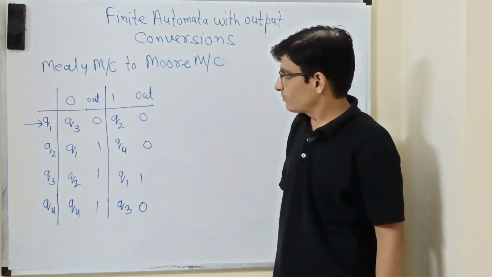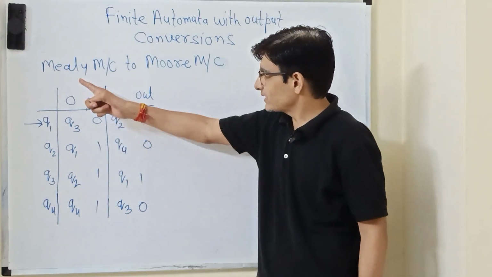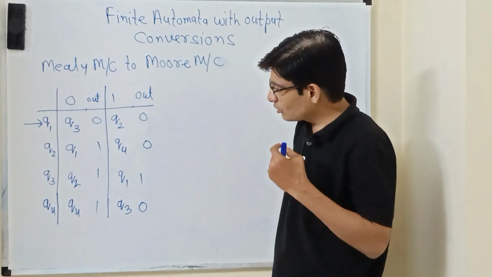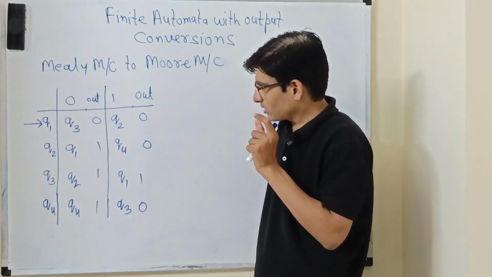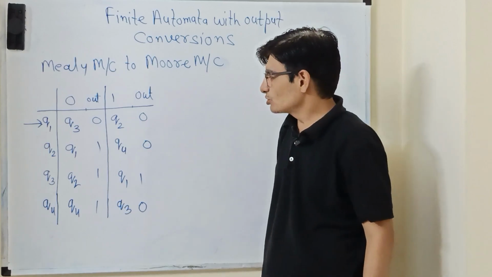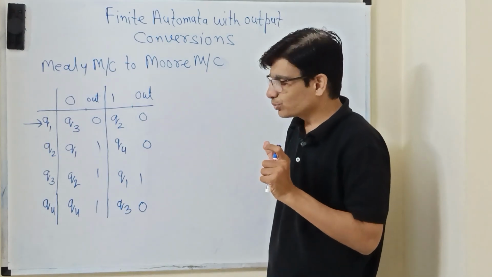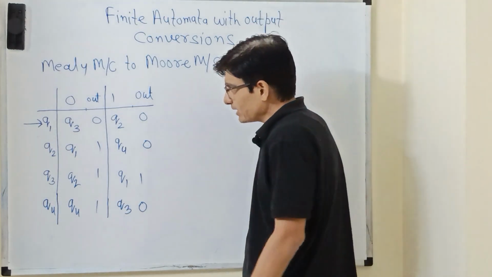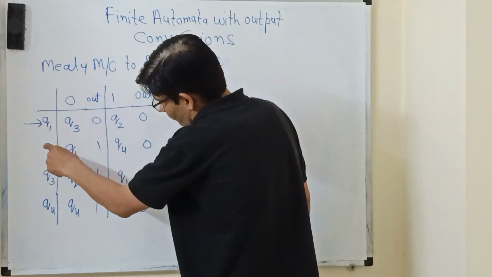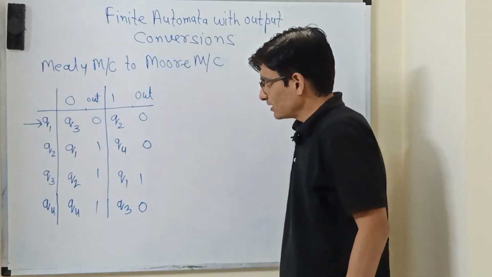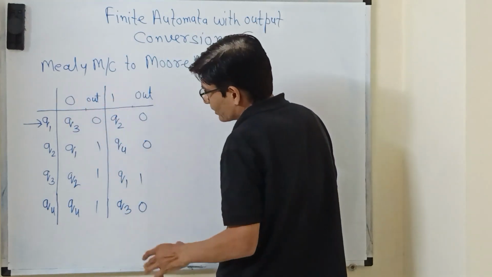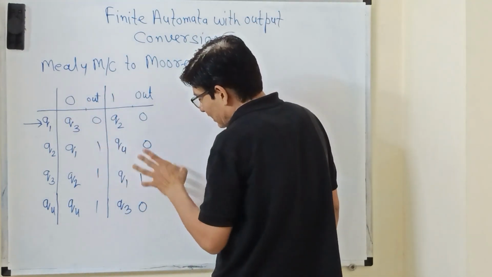So, friends, now you can see one more example of Mealy machine to Moore machine conversion. As I told you, you need to check before starting the conversion the output symbol associated with each state. In this machine, we have four states Q1, Q2, Q3, and Q4, and we have 0 and 1 as input as well as 0 and 1 as output.